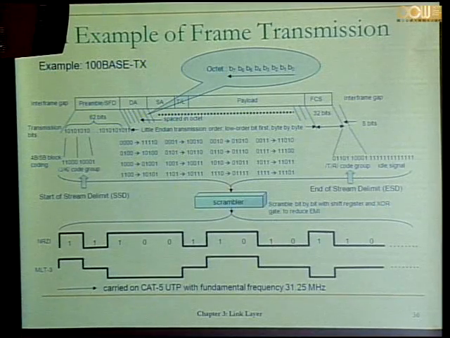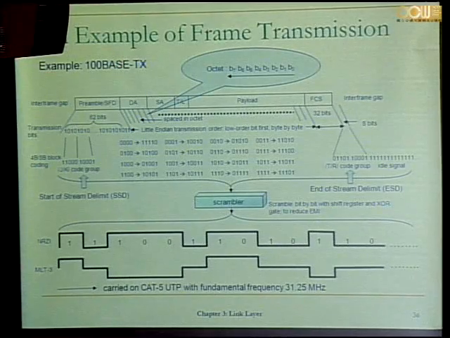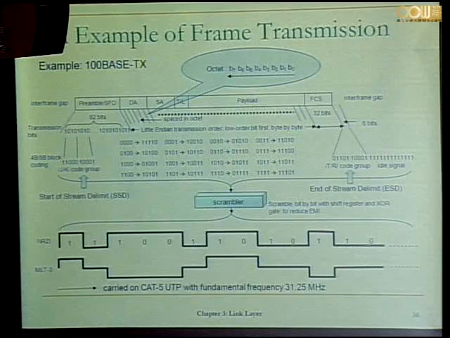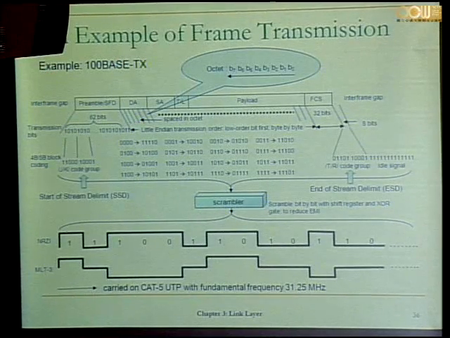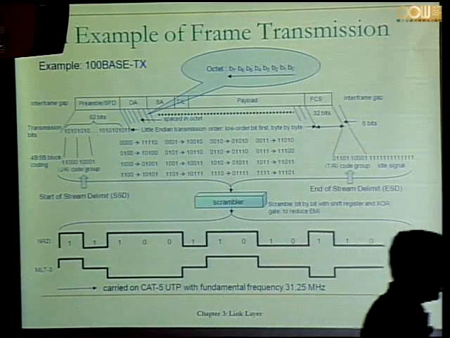So it does combine the simple line coding scheme with the block coding. And before that, you would need to do the little endian bit order and big endian byte order transmission.